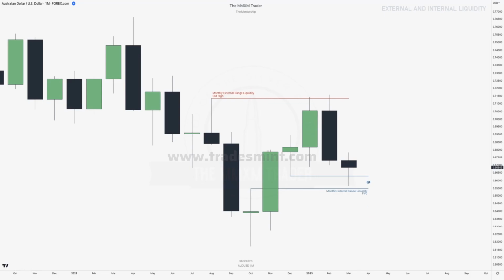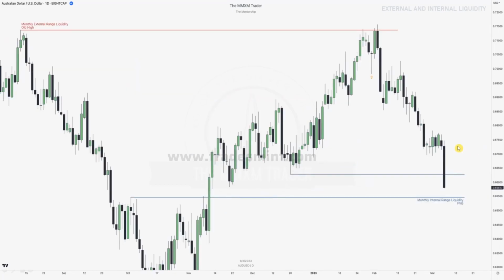Now, what happens afterwards? Let's look at this from a daily perspective. We take out the monthly external range liquidity. Now, using daily structure to frame our setups, what are we gonna be waiting for? After this monthly external range liquidity has been taken, we're gonna look for a monthly internal range to be the drawn liquidity.